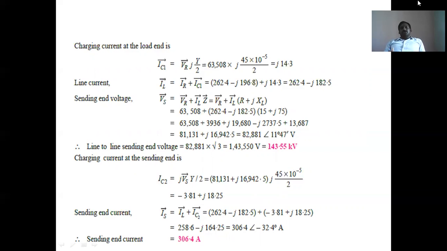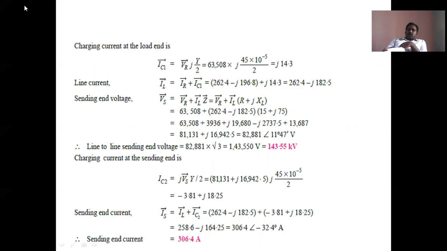This is a shunt capacitor, that's why we have 1 by 2 pi FC. So we take 1 by C value, the J value. 1 by X is the reciprocal, that's why Y by 2, the reciprocal, in the numerator. So VR is 63,508, J into Y value is given for the total length of the medium transmission line. J into 14.3 is the line current.